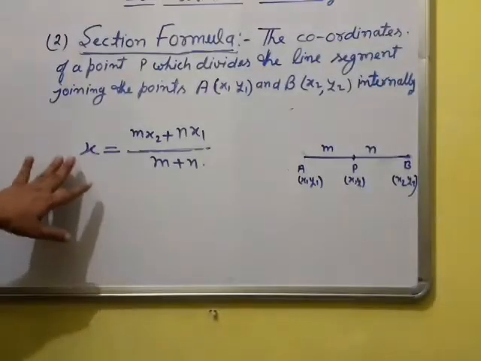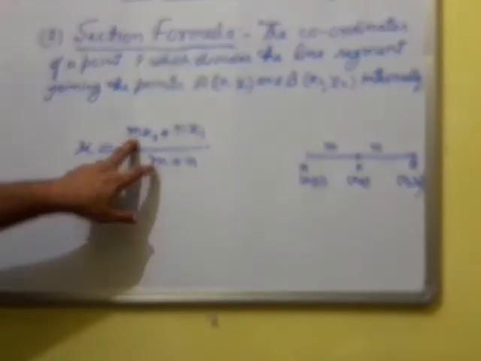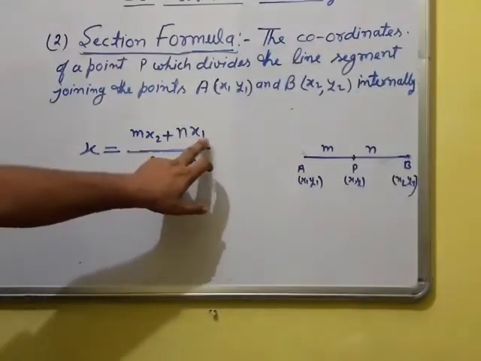Clear? Here is the section formula: x is equal to (m x2 plus n x1) upon (m plus n).